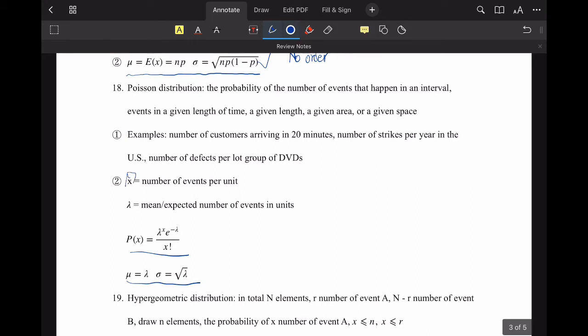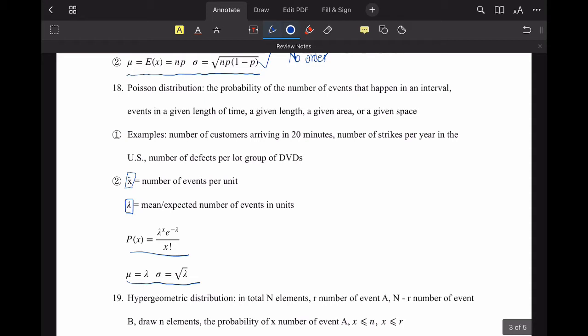X is the number of events in that interval, and P(X) is the probability you want to calculate. And this epsilon here seems a little bit tricky.